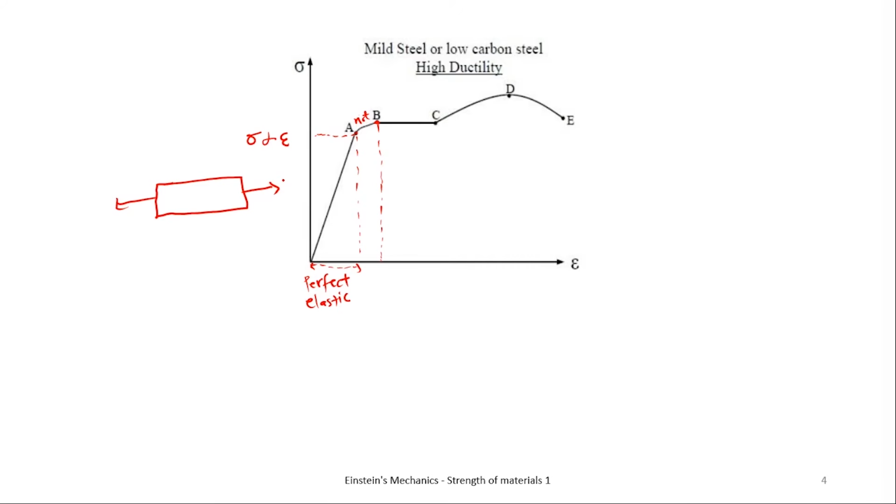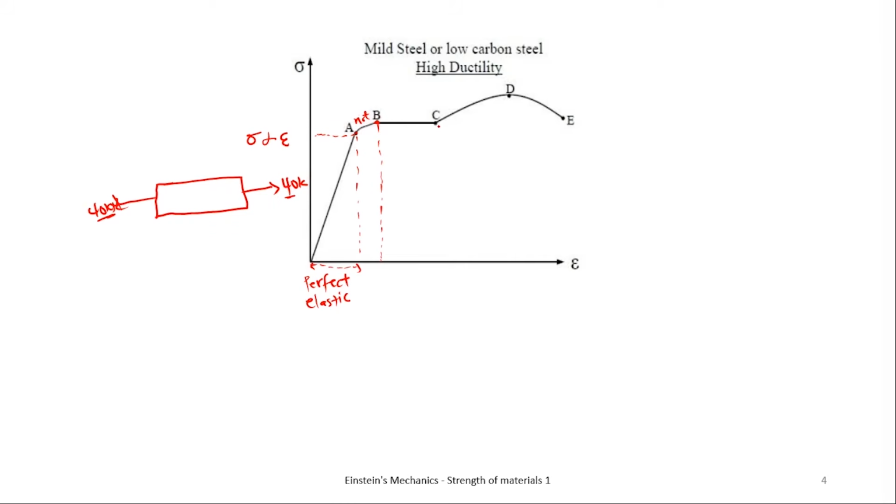We applied a 40 kilonewton force. When we release these forces at B, the bar is going to come back. The molecules are not going to separate or break. It is going to come back. That's what we call the elastic limit. The ability of the material to regain its length or size when the forces are removed.